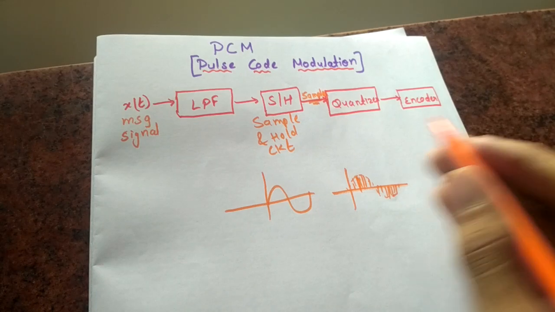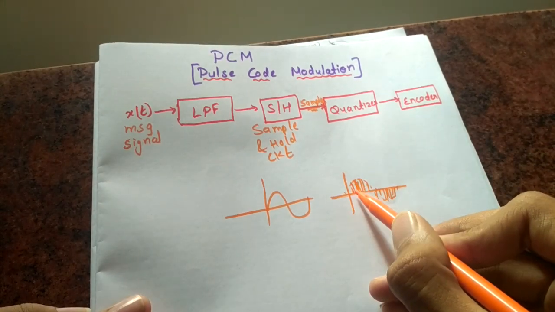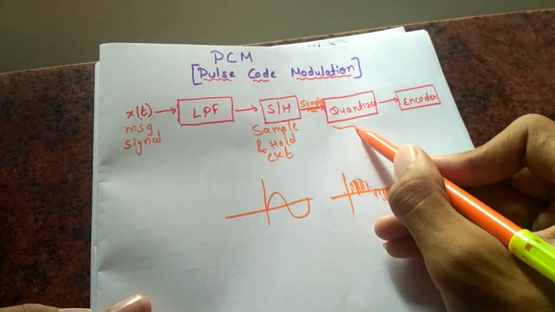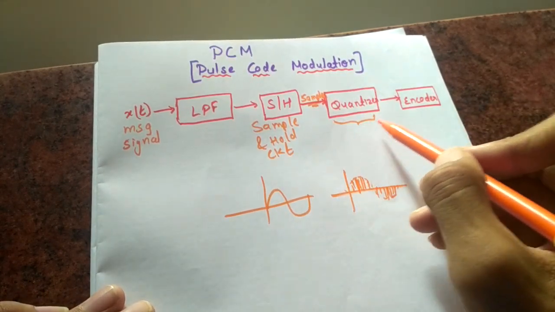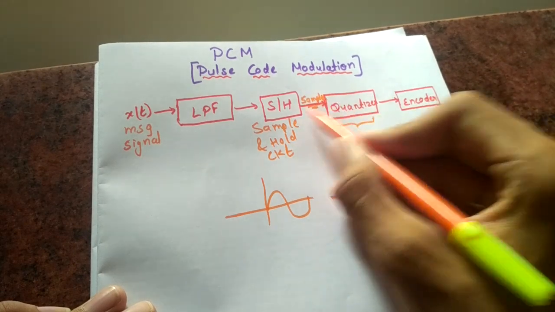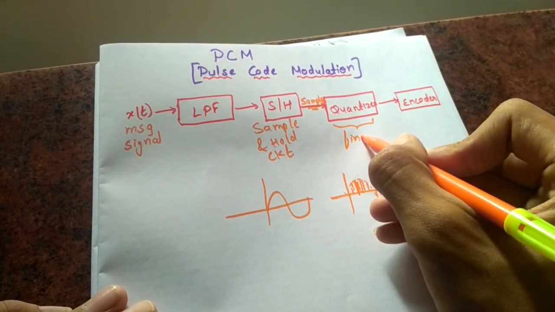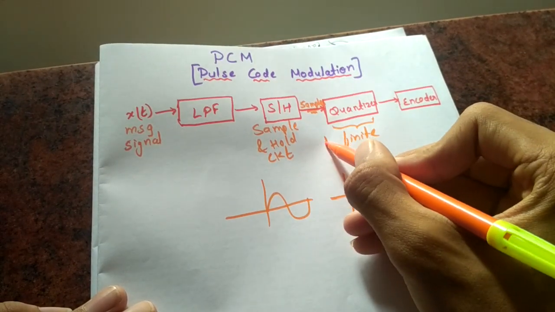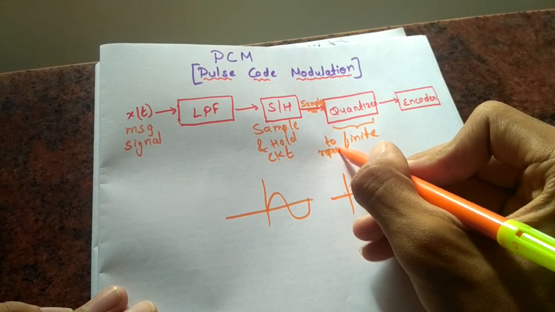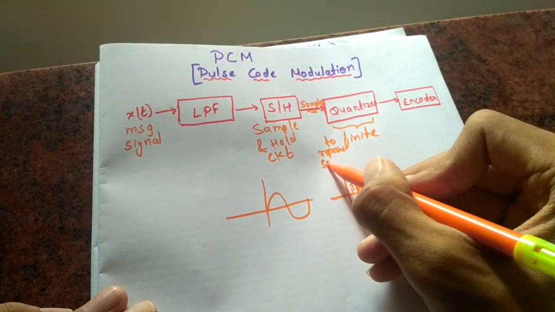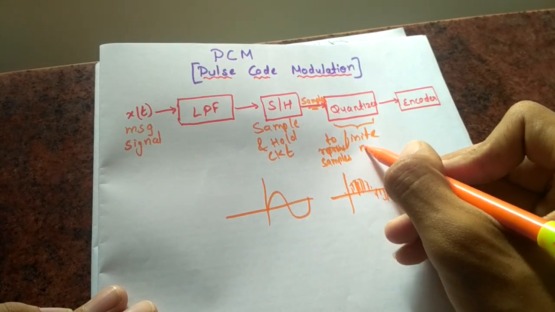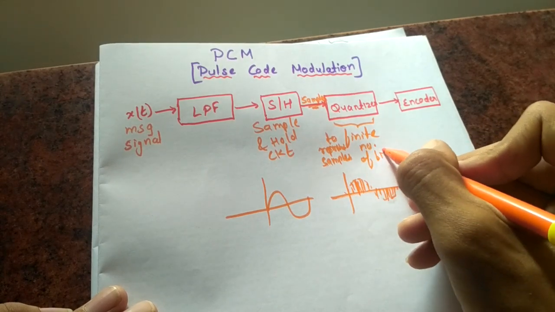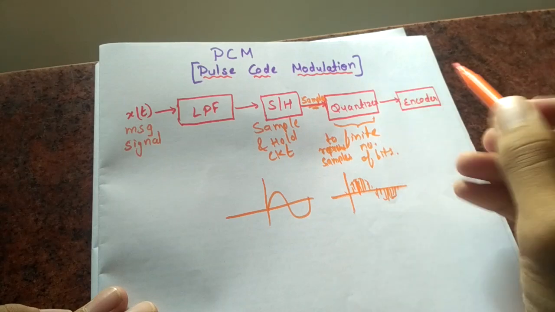So for that purpose we use a quantizer, so that we can approximate the samples at particular values and represent them using a finite number of bits. This is the need of the quantizer.